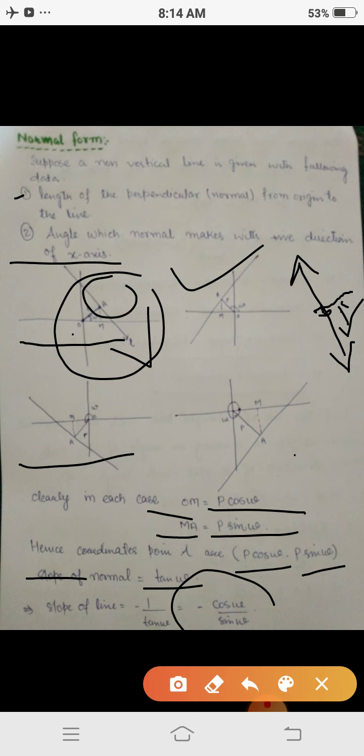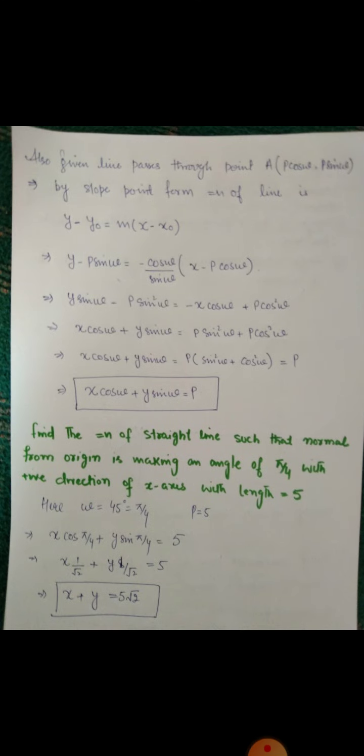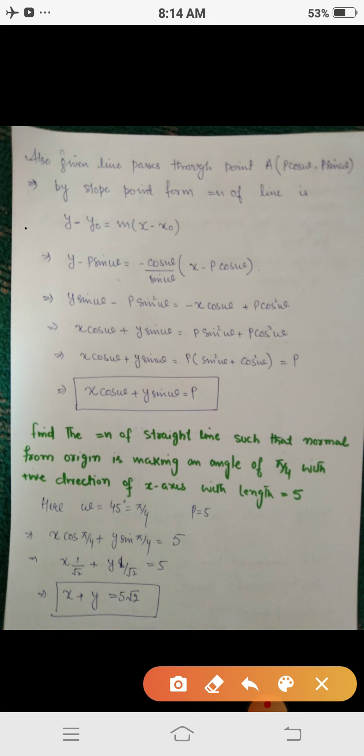So for this line we have two things: the point through which it passes, and the slope of the line. By using the slope-point form, we get y minus y naught equals m times x minus x naught, where x naught, y naught is the point through which the line passes and m is the slope of the line.